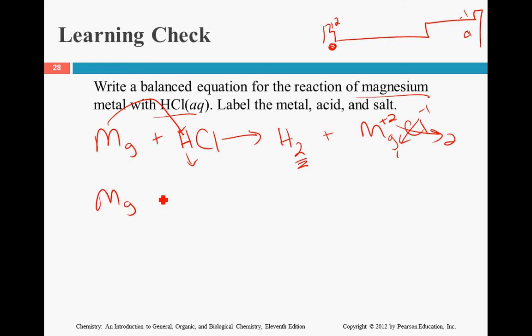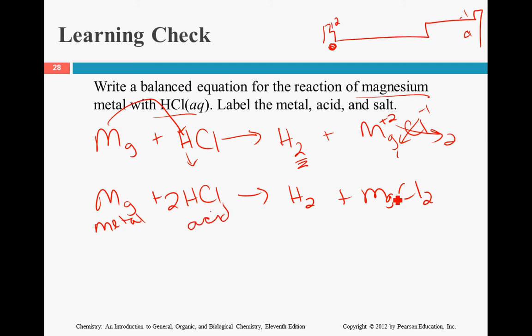So our final answer is magnesium plus hydrochloric acid yields hydrogen and magnesium chloride. Balance it, and we're done with this one. To label it, magnesium is the metal, hydrochloric acid is the acid, and magnesium chloride is the salt.